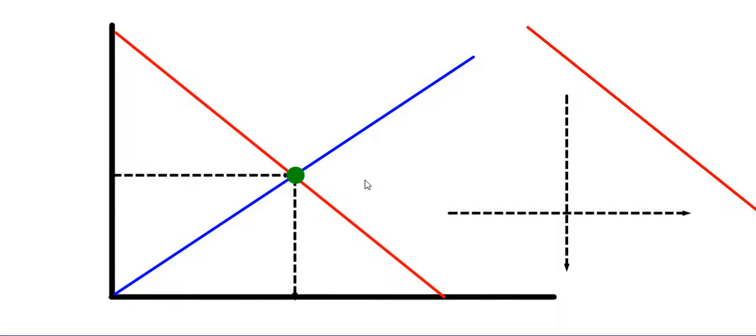Always keep in mind that the marginal cost curve and the supply curve in a perfectly competitive market is the same thing. So this area right here below the price and above the marginal cost or supply curve is your producer surplus, because this is where they're selling above cost.